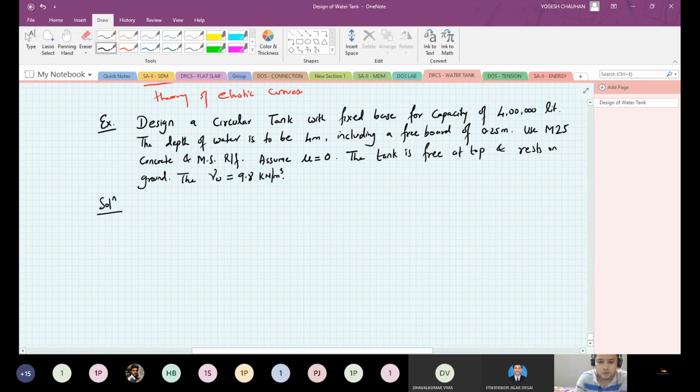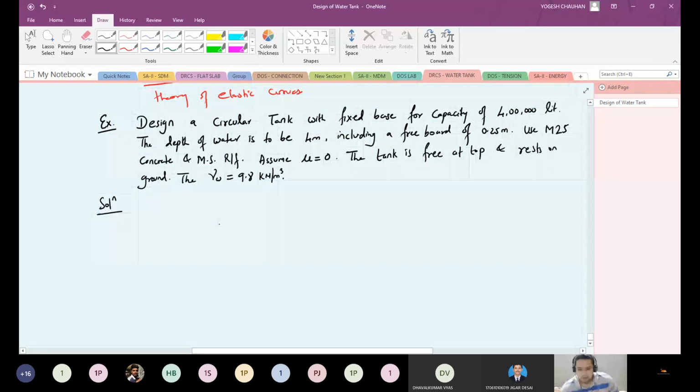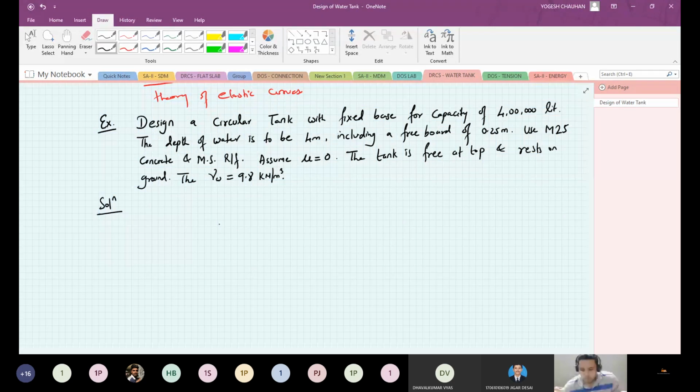Okay, so we are supposed to design a circular tank with fixed base for a capacity of 4 lakh liters, and we will be using analytical approach to solve this.